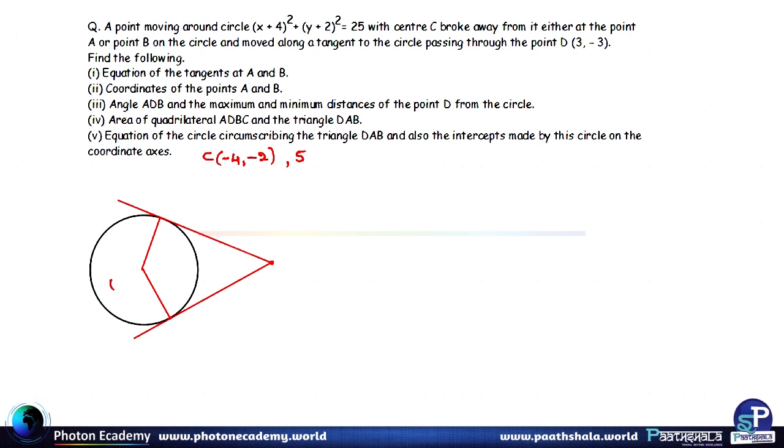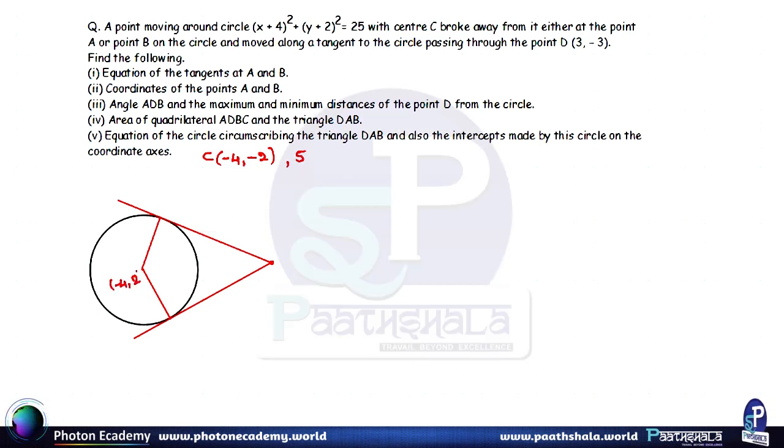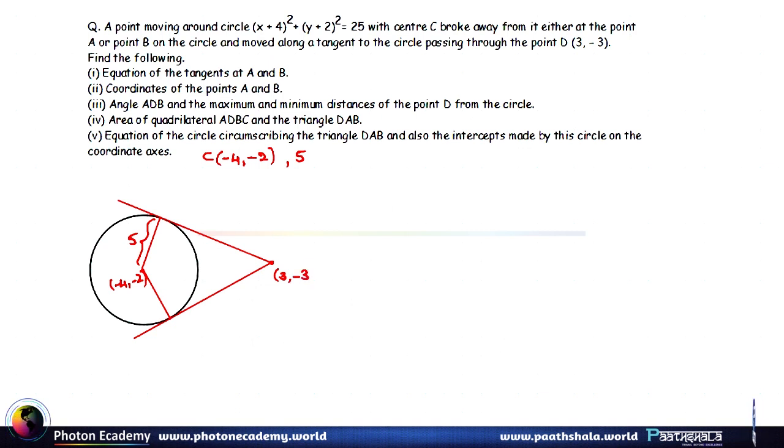The center is (-4, -2). The radius is 5 and this point given is (3, -3). Okay, so we have to find the equations of tangents at A and B.